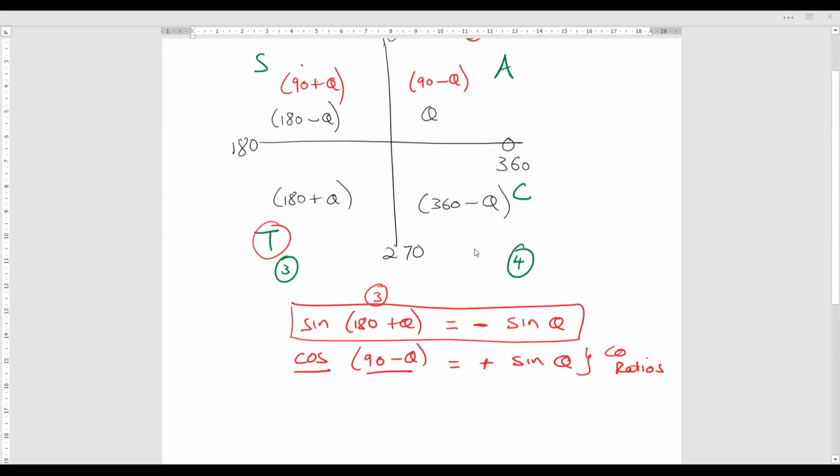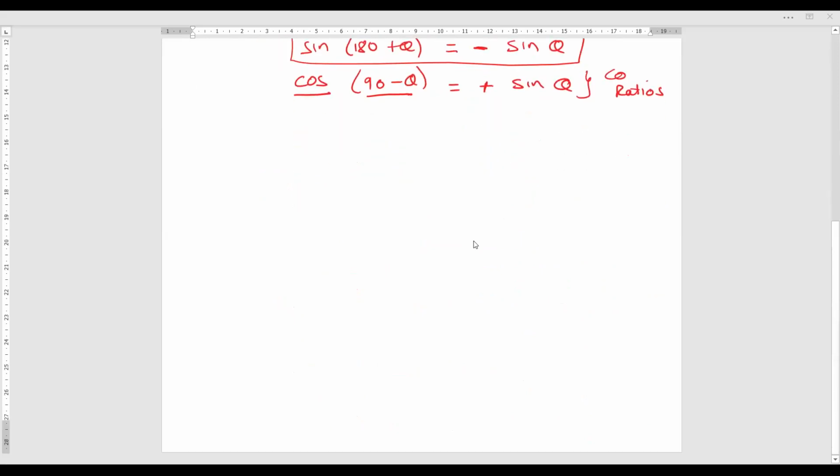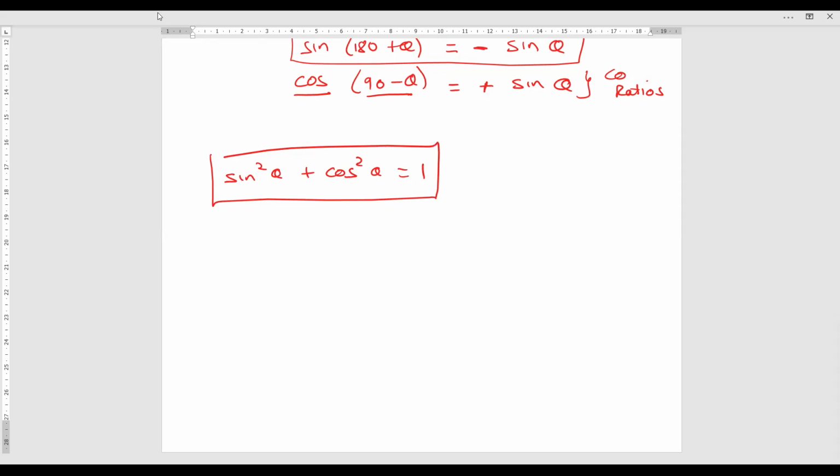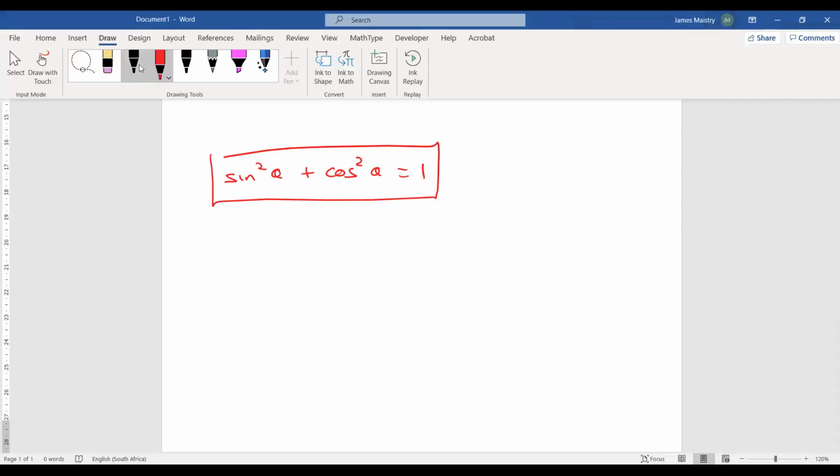Moving on, I want to just touch on some formulas before we start with some past paper questions. So the important formula that we've learned in grade 11 is sine squared theta plus cos squared theta is equal to 1. But from here, we can create two sub-formulas.